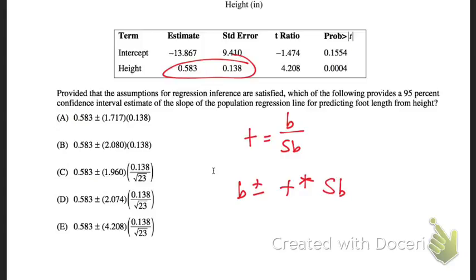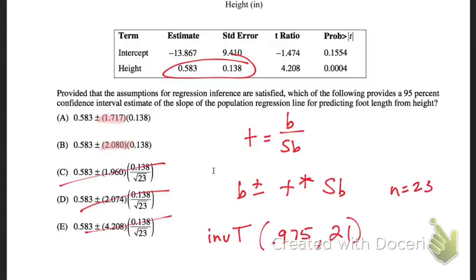So 0.583 plus or minus T star times SB, so 0.138. You can get rid of these 3. The only difference is your T star, so it would be inverse T. The sample size is 23, so degrees of freedom is 21.